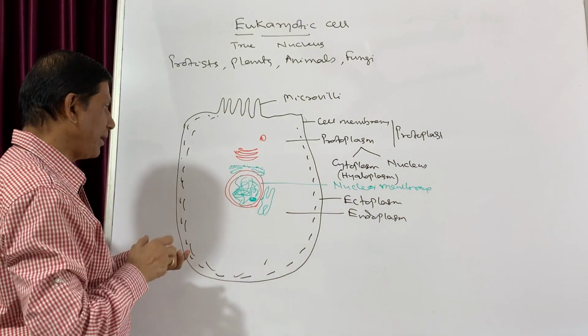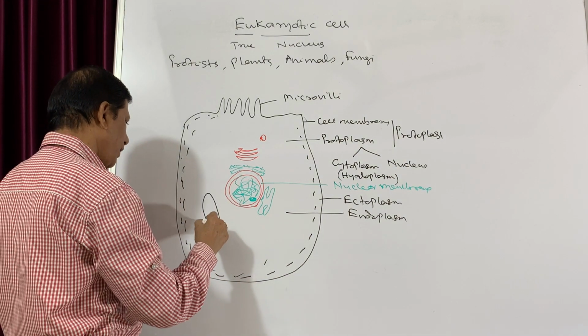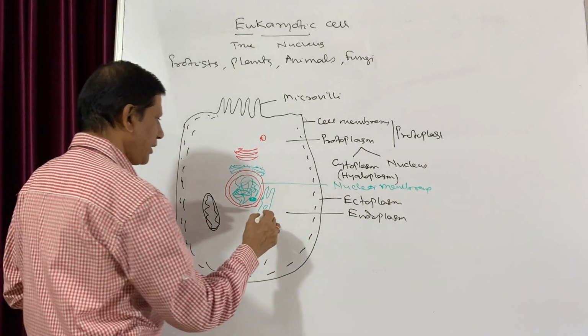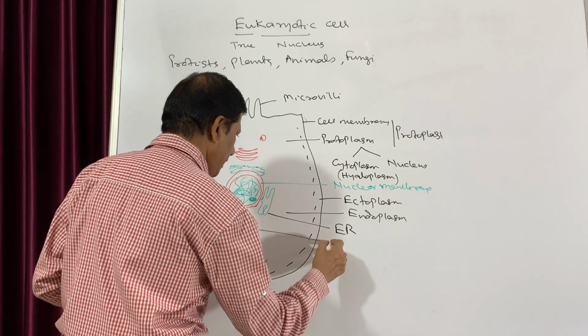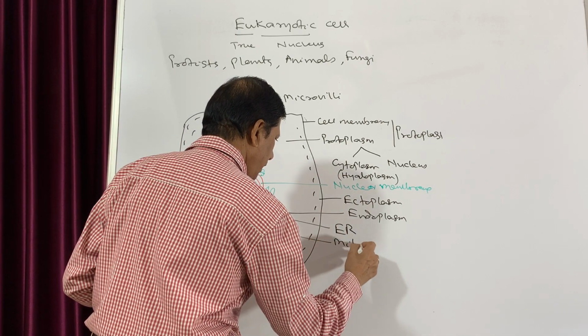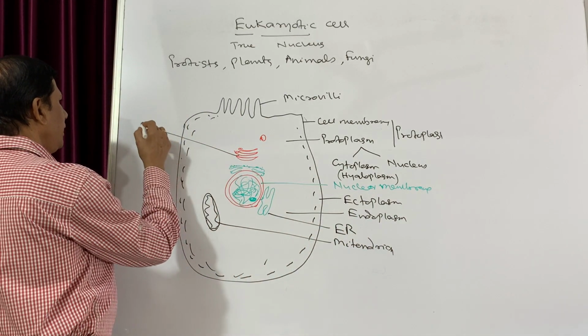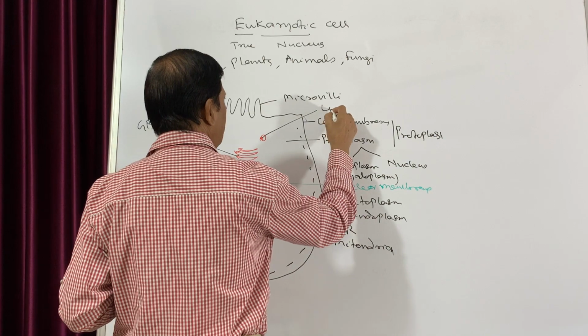These are in animal cells, and also you will get mitochondria. That means this is the endoplasmic reticulum, this is the mitochondrion, this is the Golgi body, and this is the lysosome.